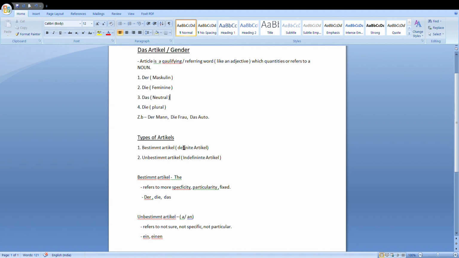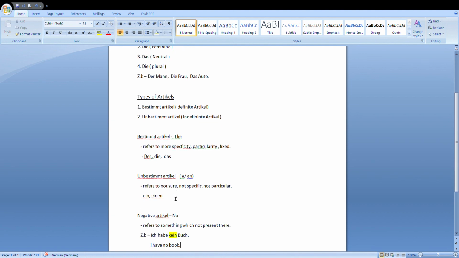Then the types of article: definite and indefinite article. The definite article, der, die, das, refers to more specificity, particularity, fixed. We know this thing, we are sure about this thing. Then we have the indefinite article.